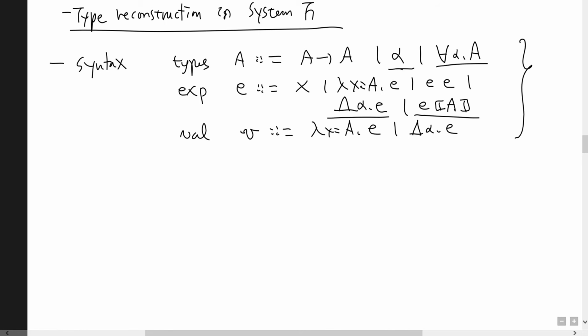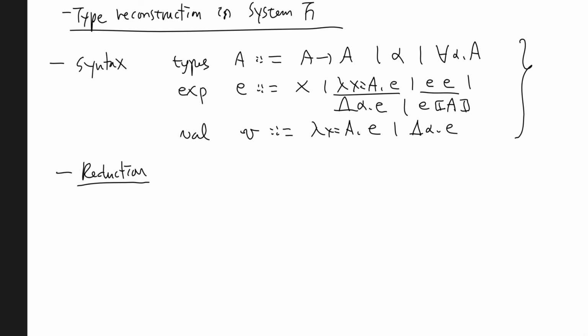Now, what about the reduction rules? For reduction, let's reuse the reduction rules from simply typed lambda calculus for this lambda abstraction and lambda application. Then we need new reduction rules to deal with this type application.